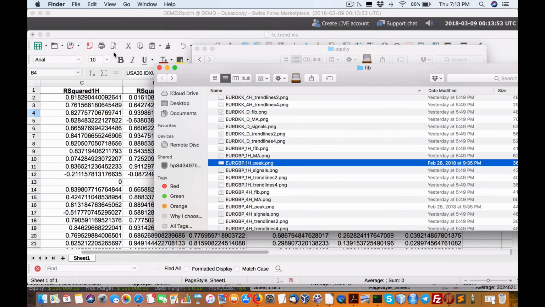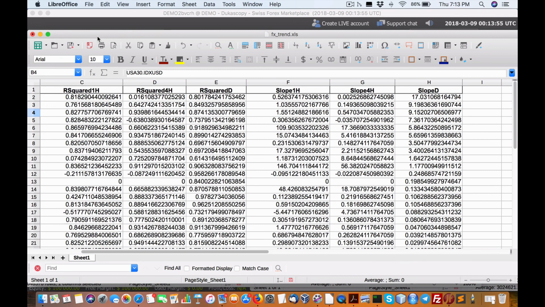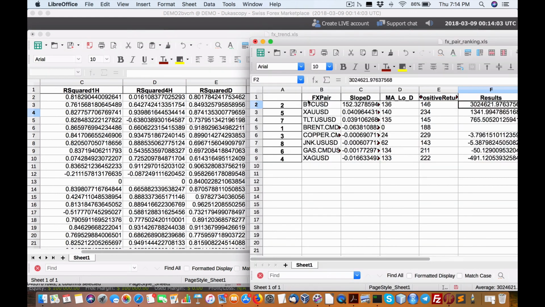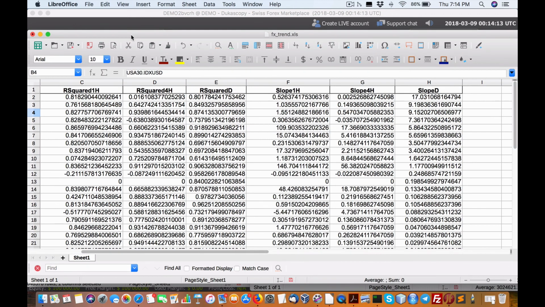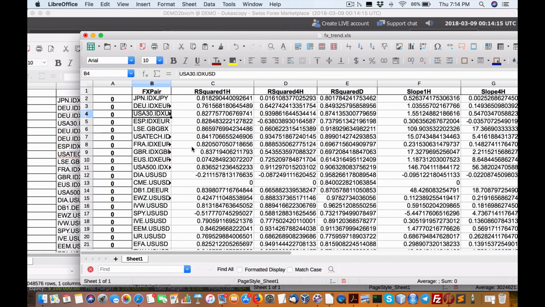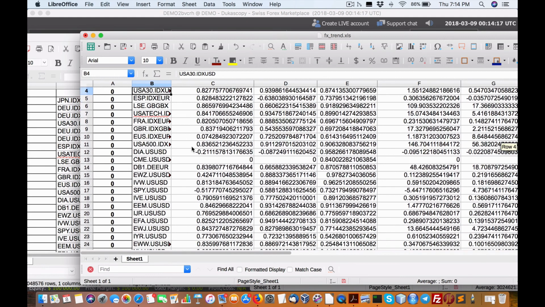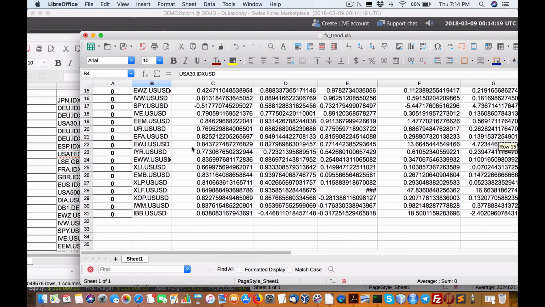But overall, we can now do stock indices. We can do so-called commodities as well, including Bitcoin, gold, Treasury, Brent oil, copper, junk bond, gas, and silver, I believe. And then, of course, we move into the stock stuff, which is quite varied.